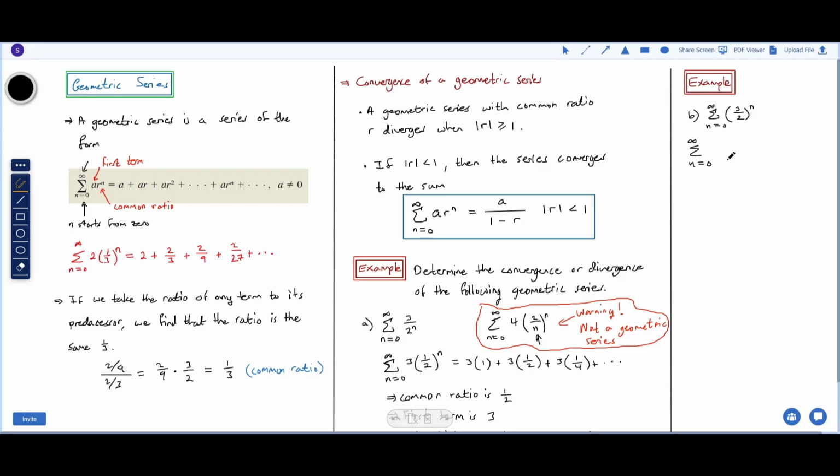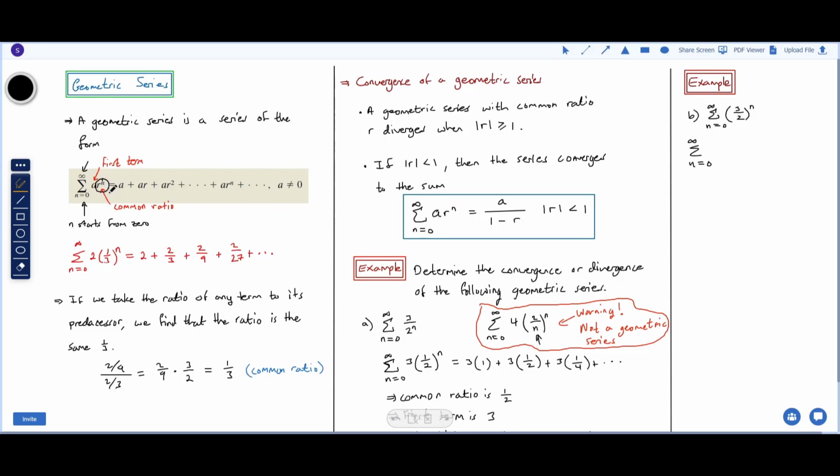Can we turn it into a multiple of some sort, like have a negative power? No, not exactly. In this example, remember the common ratio is the number that's being raised to the power of n.